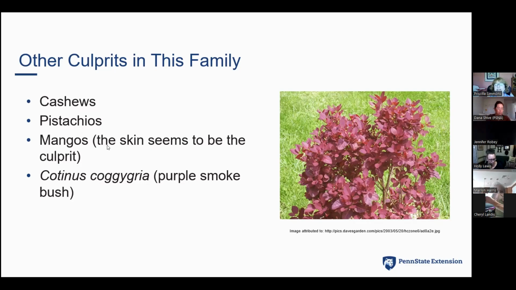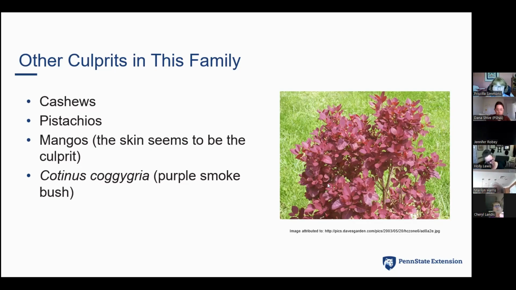Mangoes, and it seems to be the skin of mangoes that has allergic potential, and often people who are allergic to mangoes will get a rash around the mouth. And lastly, purple smoke bush, Cotinus coggygria, and here's a picture of the purple smoke bush.